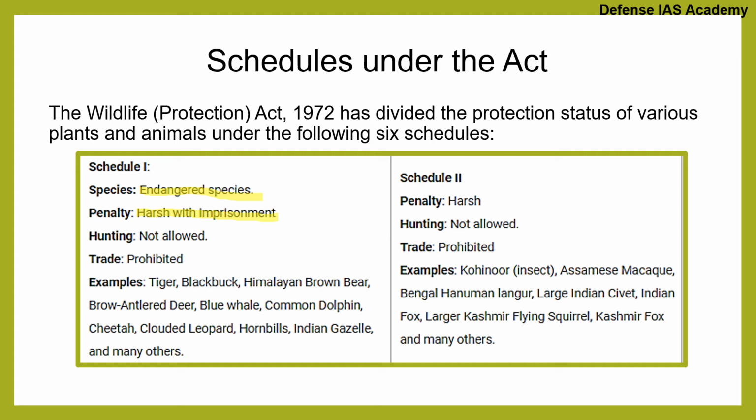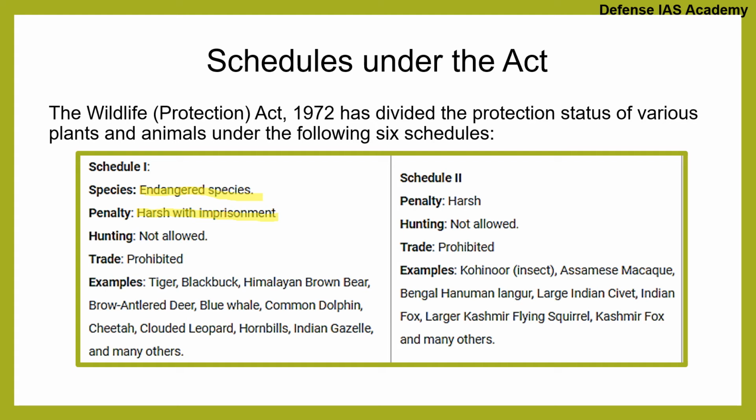So these are the list of animals that come under Schedule 1, which are facing severe extinction or endangerment, and hunting them will lead to harsh imprisonment.